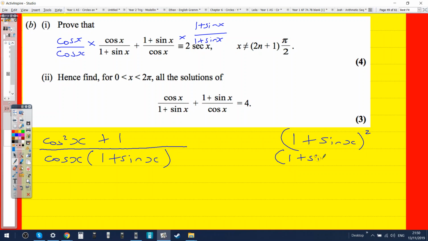And so what do you get for that one? Yes, and I just brought them together under one denominator. What is next? You do not want to do that. You want to simplify the top.